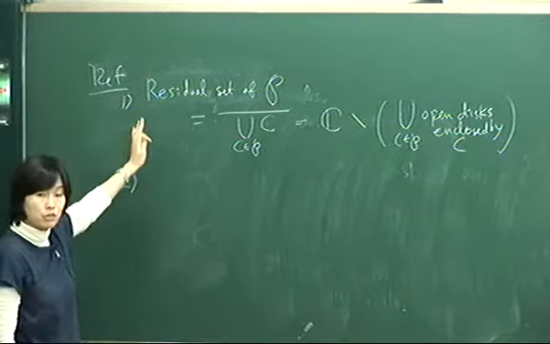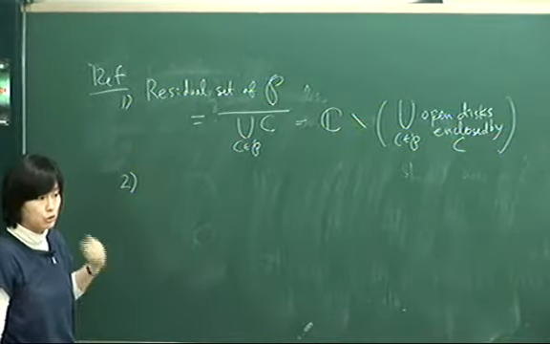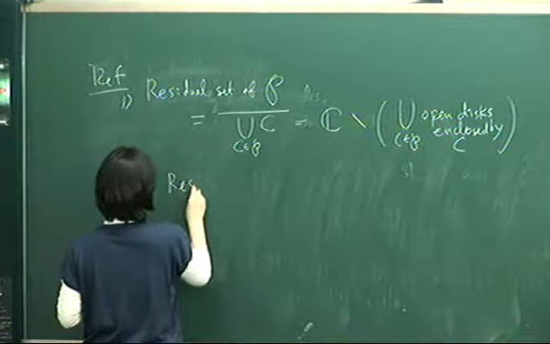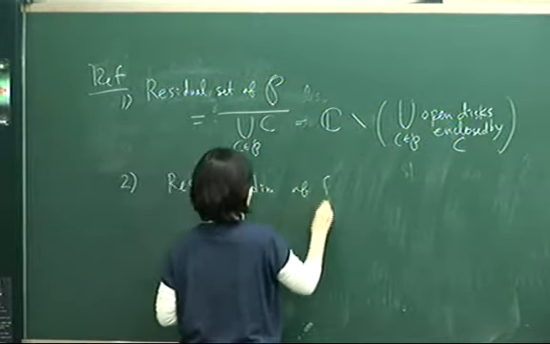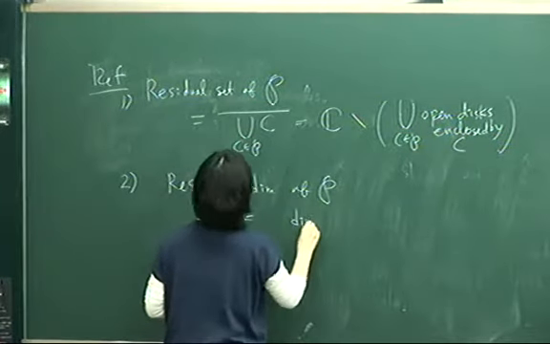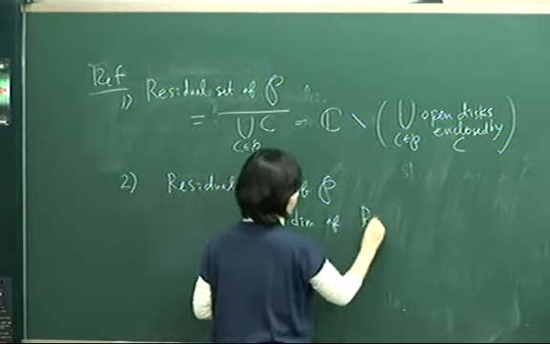And the dimension of this residual set is called the residual dimension. So the residual dimension of P will be the dimension of this residual set.